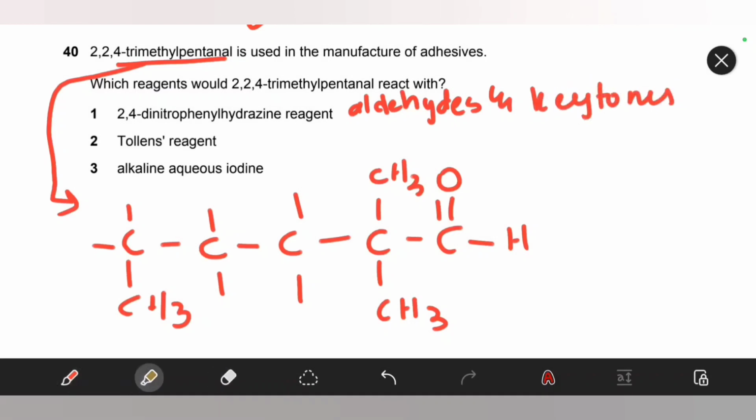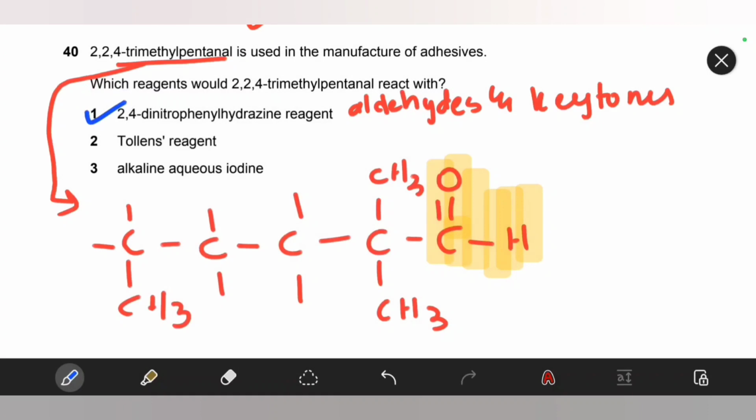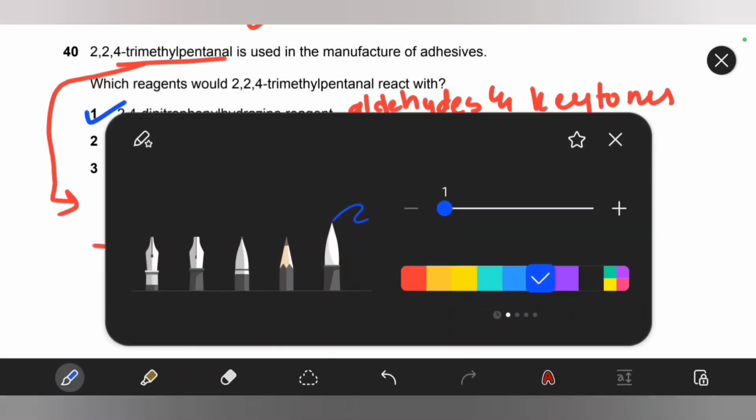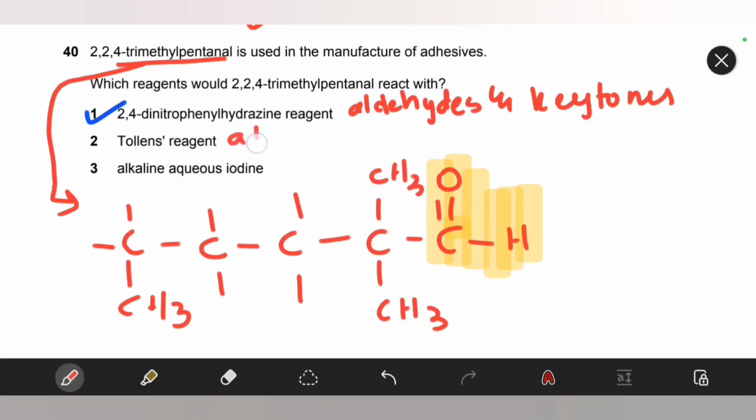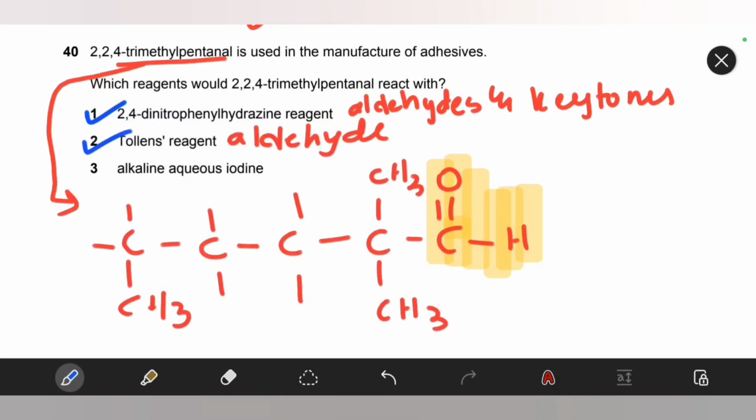There is an aldehyde functional group, so it is going to give a precipitate with 2,4-DNPH. And now let's look at Tollens' reagent. Tollens' reagent reacts with aldehydes only. And there is an aldehyde functional group in this. So Tollens' reagent is also going to be the answer.